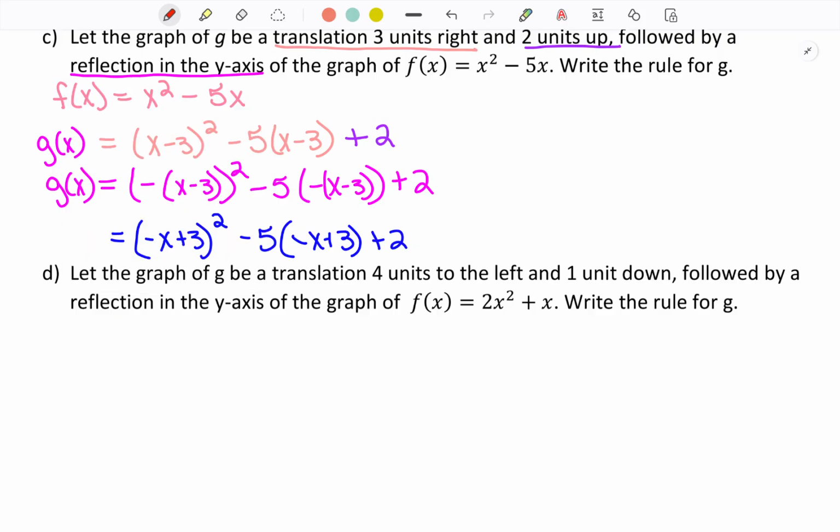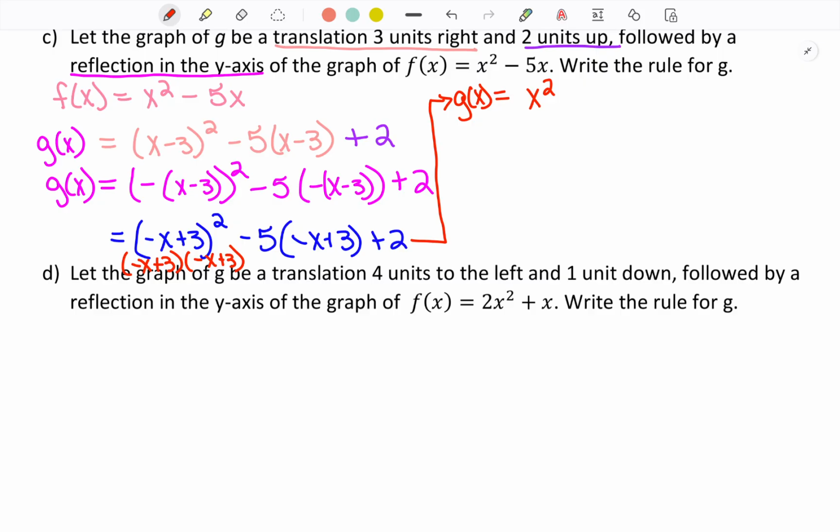we are going to go ahead and FOIL what we can. So we'll have a positive x squared, because remember we've got to do negative x plus 3 times negative x plus 3.